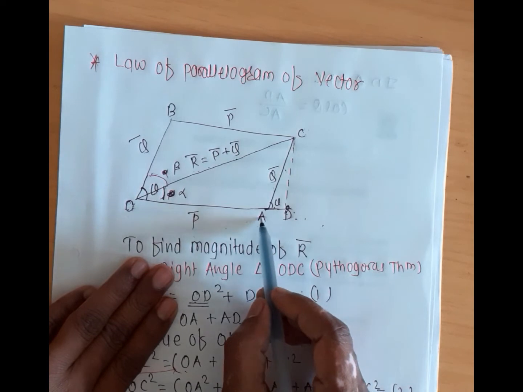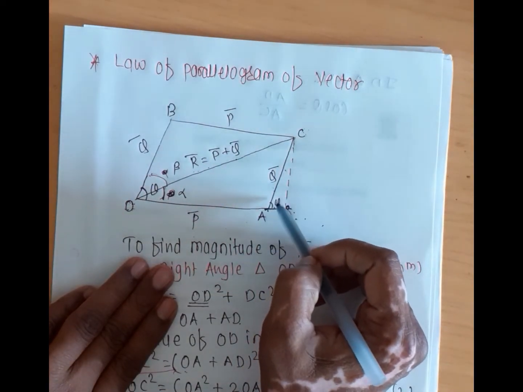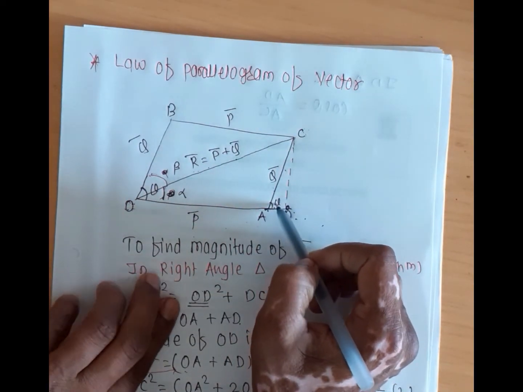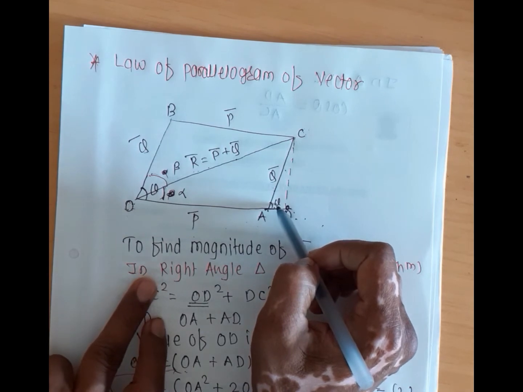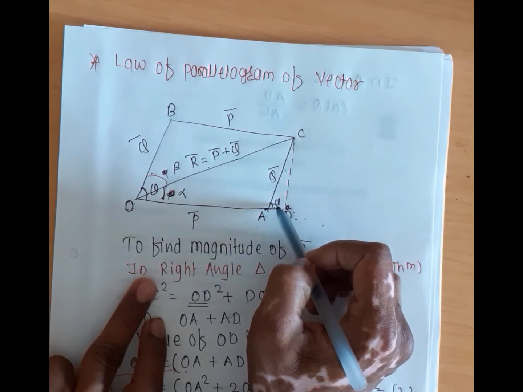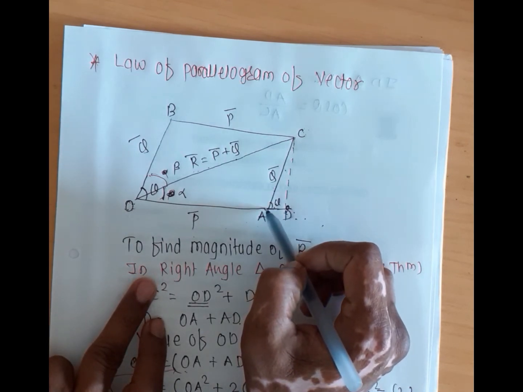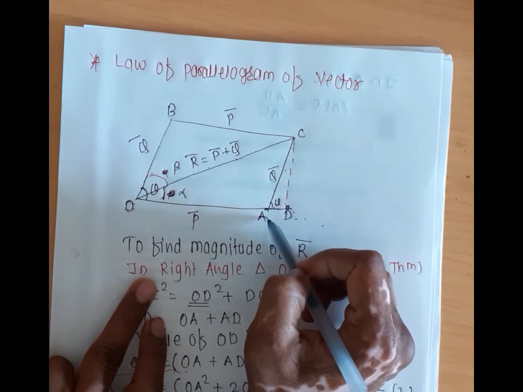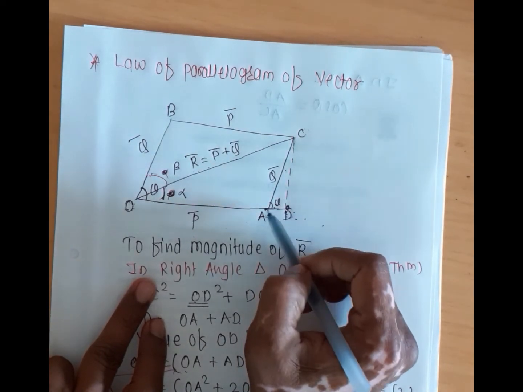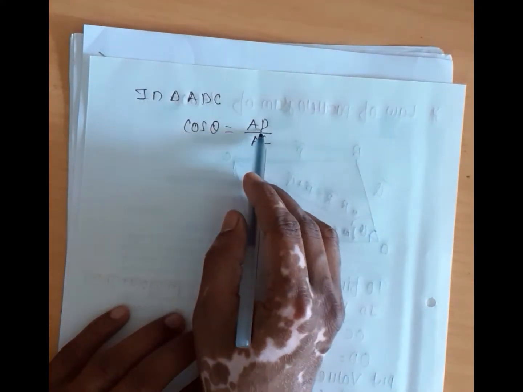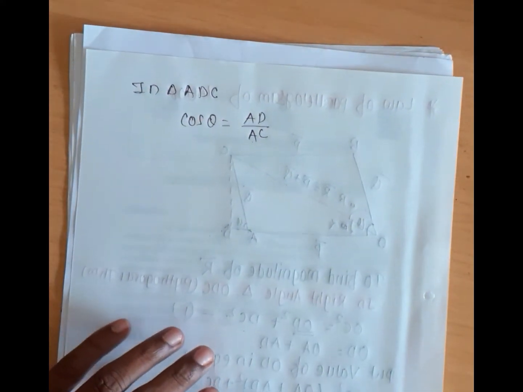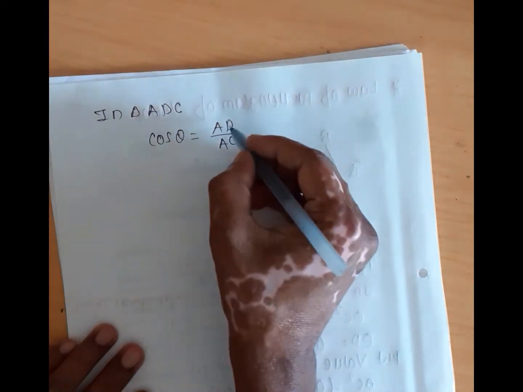Here we consider ADC, and you know what theta is. If you write cos theta, it can be represented as adjacent side upon hypotenuse. So that's why here we use cos theta is equal to AD upon AC. Using this relation, we find the value of AD.